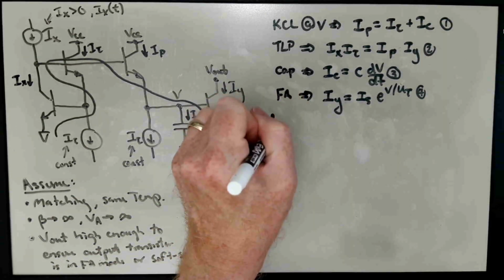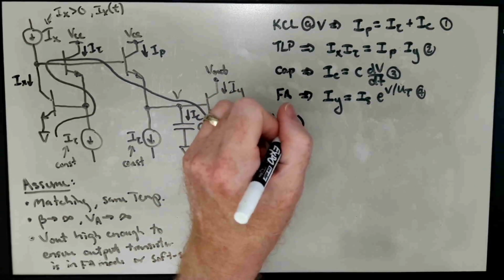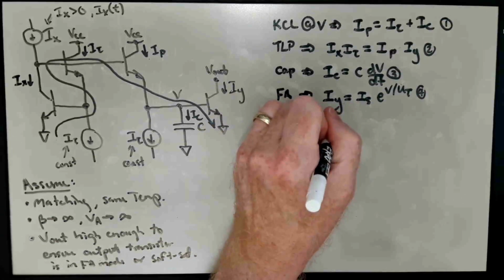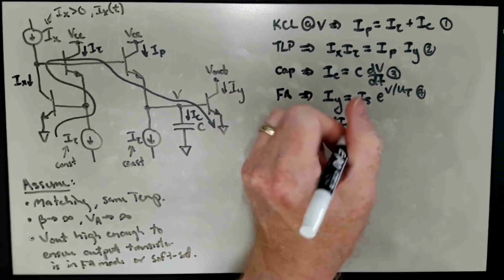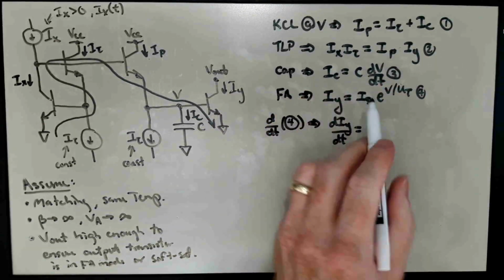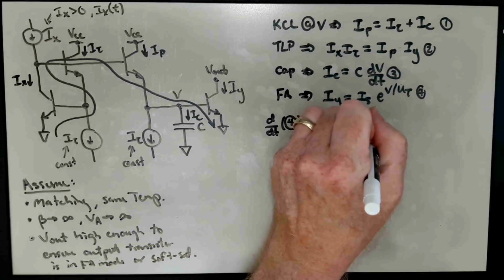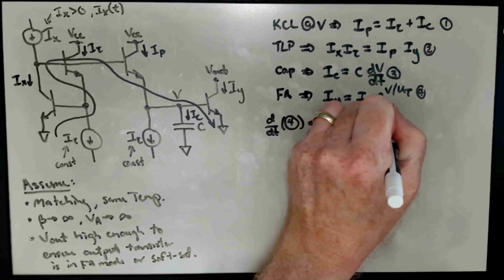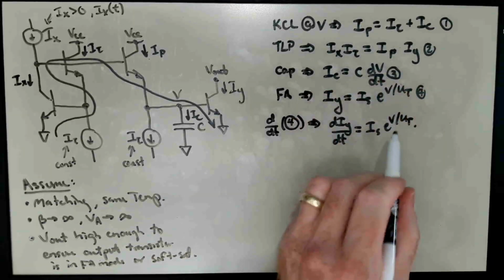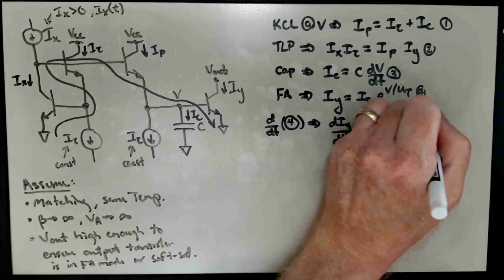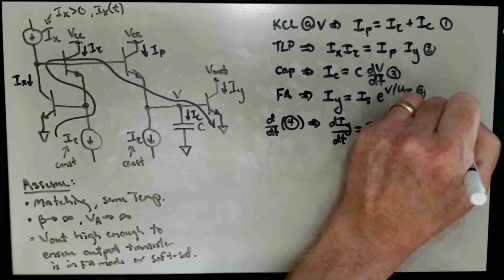So d by dt of equation 4 implies that dIY dt is equal to, well, differentiate the exponential. We get IS times the same thing, times by the chain rule, 1 over UT times dV dt.